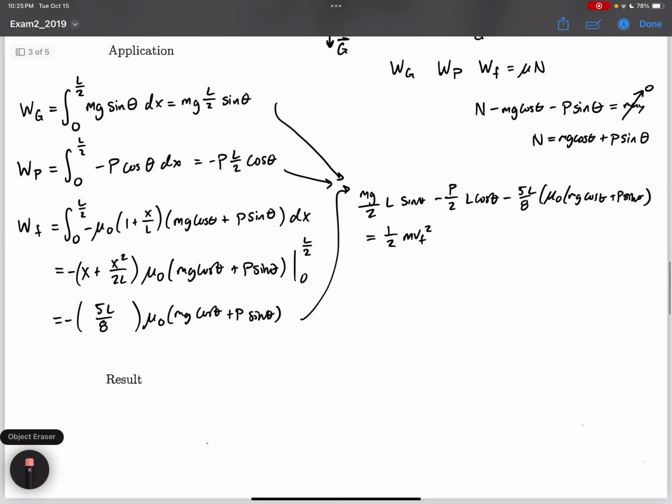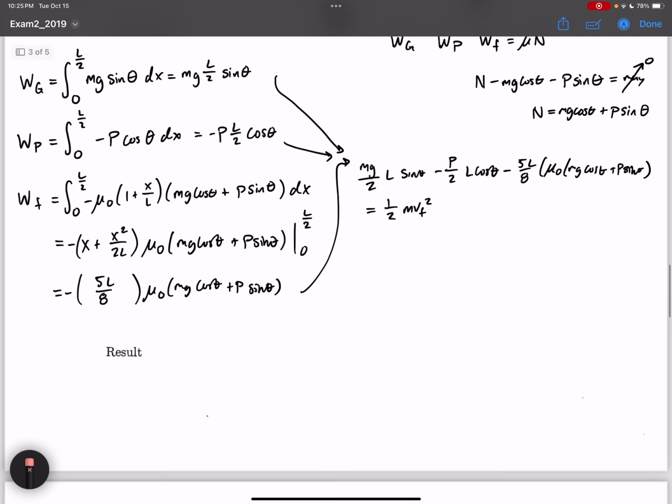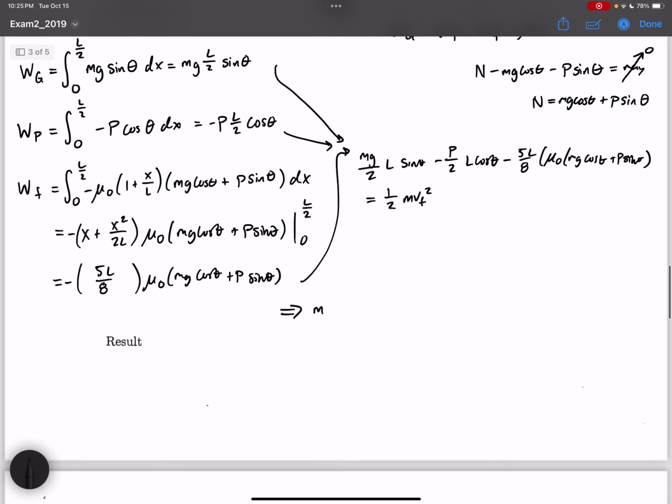Really all you have to do is multiply all this by 2. So if you come down here, we're going to end up having mgL sin θ minus PL cos θ minus 5L/4 times μ0 (mg cos θ + P sin θ).